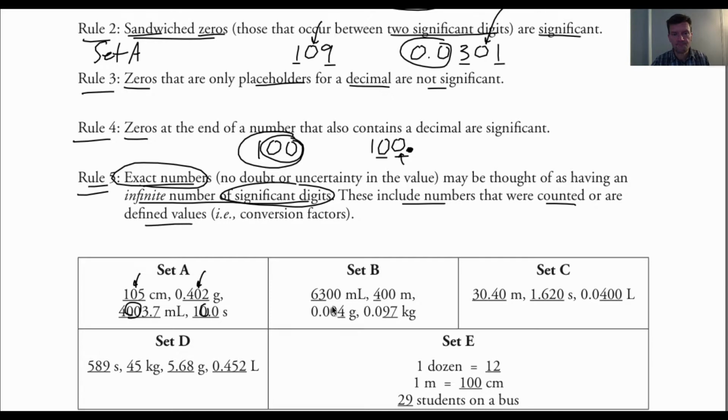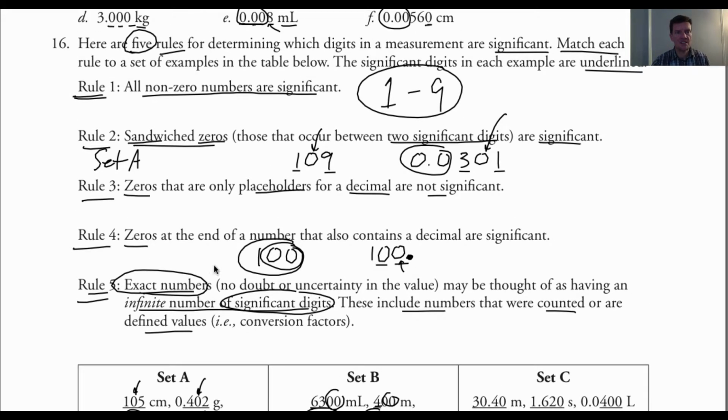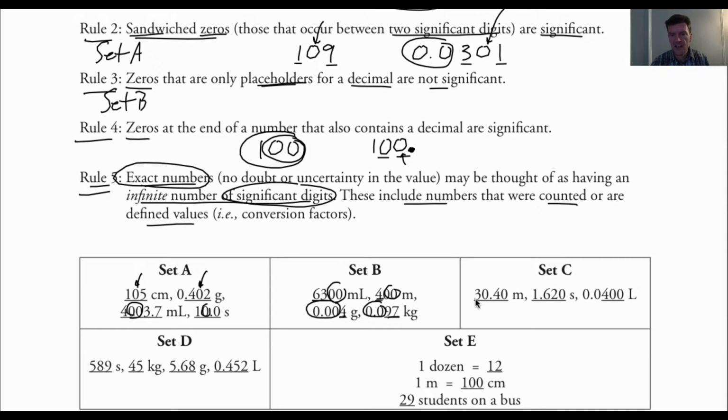Set B, they're underlining 63 and 4 and 97 and 4, but not the zeros in this case, because the zeros are just placeholders. So set B is showing you that zeros that are only placeholders are not significant. Set C is underlining all of them.